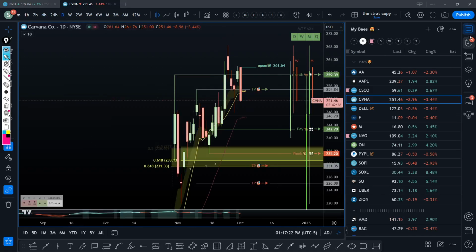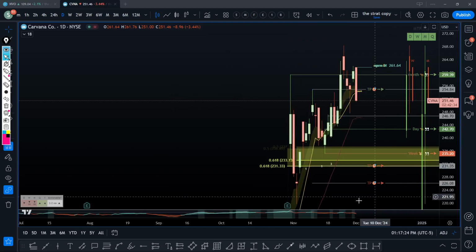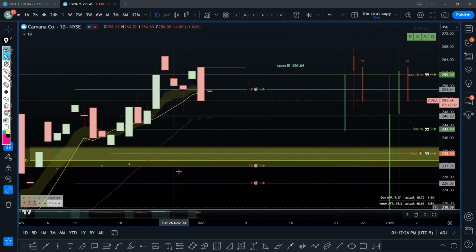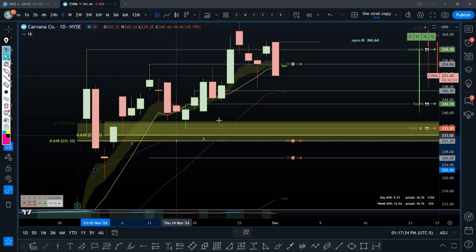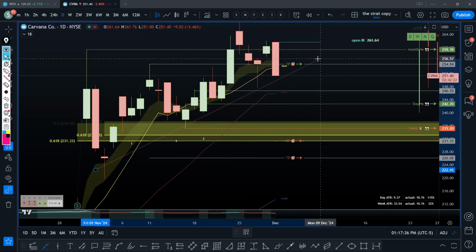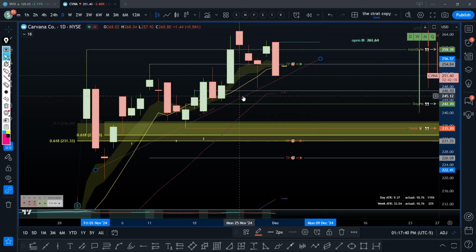So looking at Carvana on the day, we do have consistent higher highs. And so what I would want to do is see if Carvana can find some support along this trend to the upside.